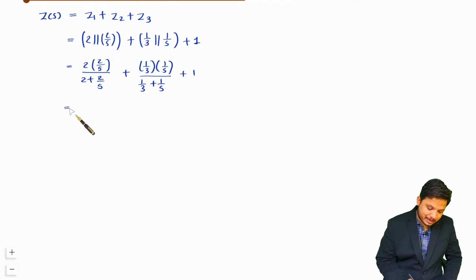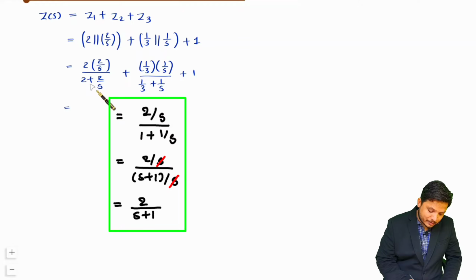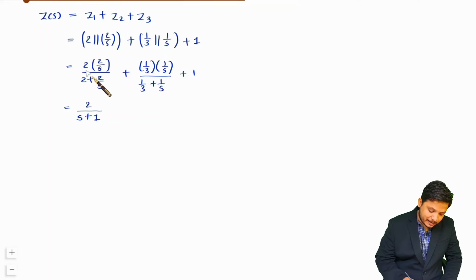Now let us take the LCM. Before that, you see 2 will get cancelled and the LCM is S over here, so S and S will get cancelled. In the numerator there will be 2, in the denominator S plus 1. Then the LCM is 3S, so that will be 1 divided by S plus 3, plus 1.